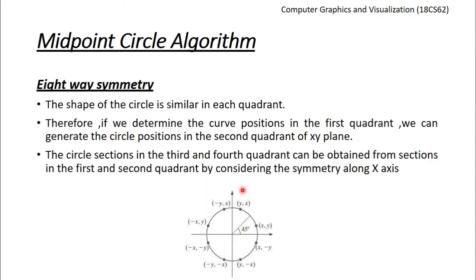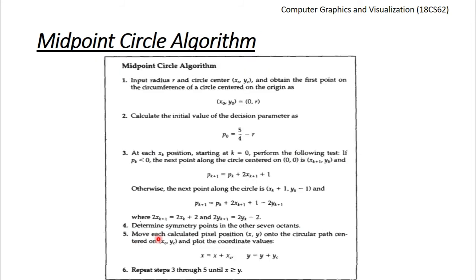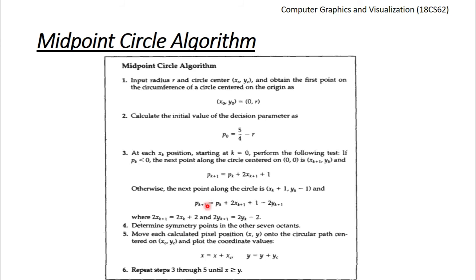So what is the next decision parameter we need to find? That is P4. In order to compute P4, we need to consider the value of P3. What was the value of P3? That is 6. Remember, we will be using this equation because the value of Pk was negative. P4 equals the value of P3, which is 6, plus 8 plus 1 minus 18.